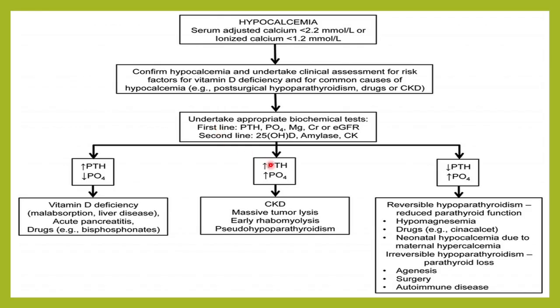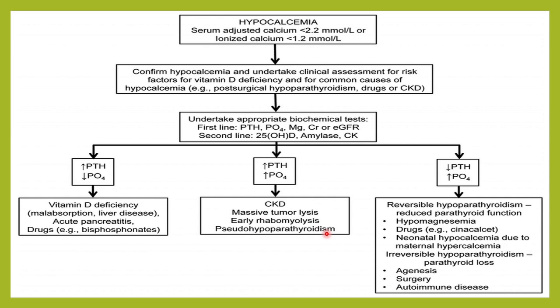When we evaluate this patient, and if we get increased parathormone and increased phosphate, what could be the causes of this? One could be that the patient has pseudo-hypoparathyroidism. That means there is increased parathormone, but the body is resistant to that parathormone.